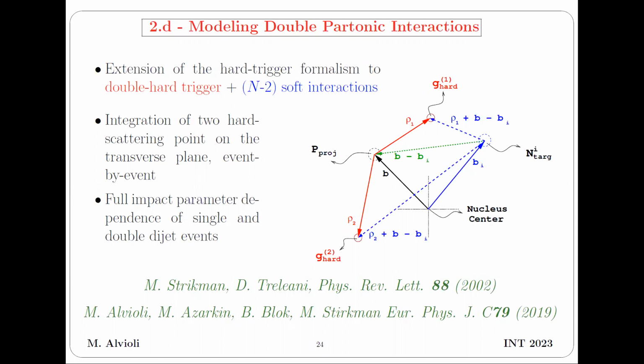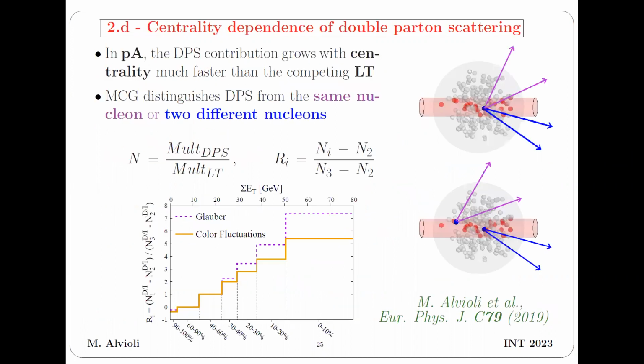In this figure we have this kind of description with two hard interaction points, and we implemented this to have a complete impact parameter dependence of double partonic interactions. With this machinery we can distinguish events in which two dijets arise from a collision between one pair of nucleons or two pairs of nucleons.